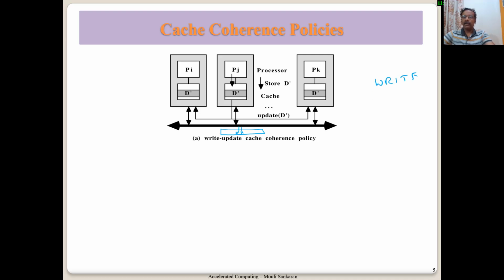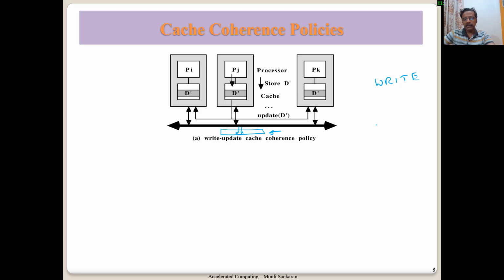Why? Because when you have multiple caches and multiple cores are accessing a data, and if all of them are using the data which is available in the main memory only for read purpose, there is no issue at all, because nobody is changing the data and everybody is reading from it.